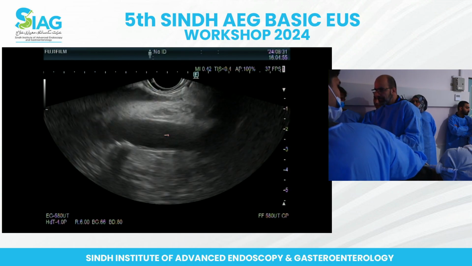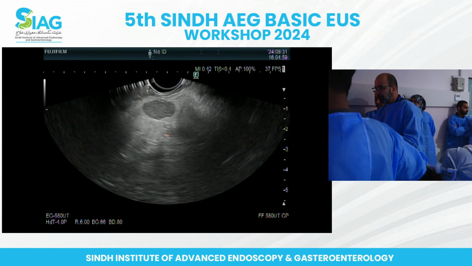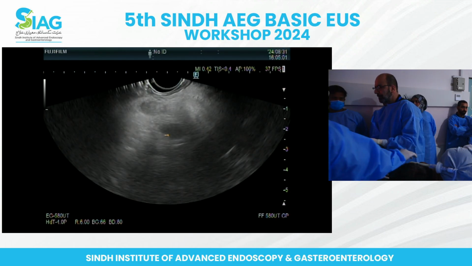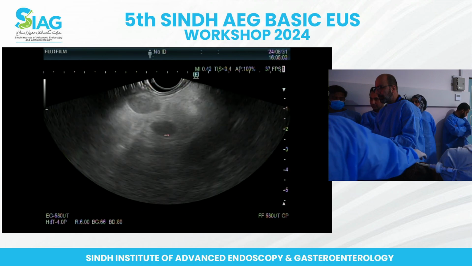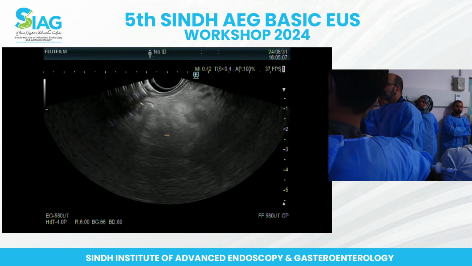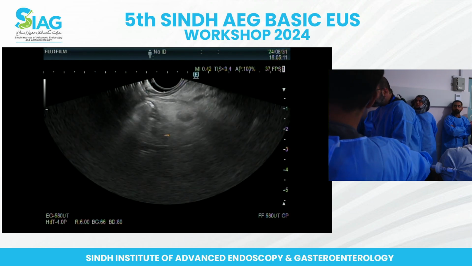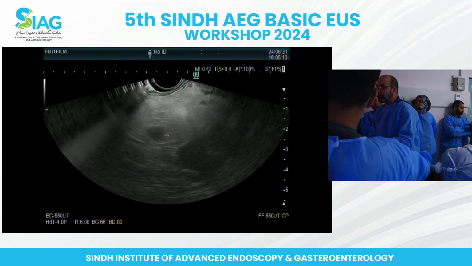These guys here. But even these may be reactionary because they're irregular and not super hypoechoic. So I don't know if you're with me or not, but I don't see any definitive mass. I see these lymph nodes, and I may just sample the lymph nodes.